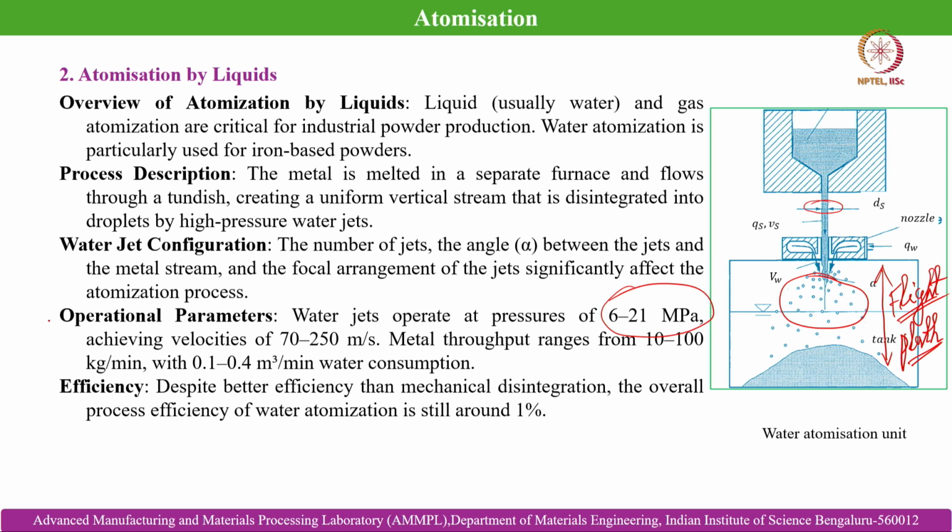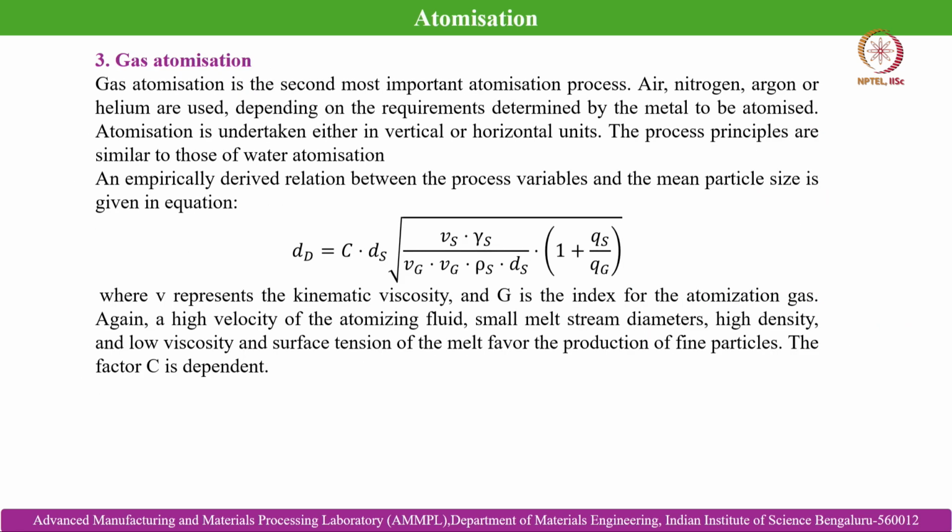These are some of the operational parameters necessary for the success of the water atomization route and subsequent powder production. As for efficiency, despite being better than mechanical disintegration, the overall process efficiency of water atomization is still very low, as low as around 1%, which is alarming.